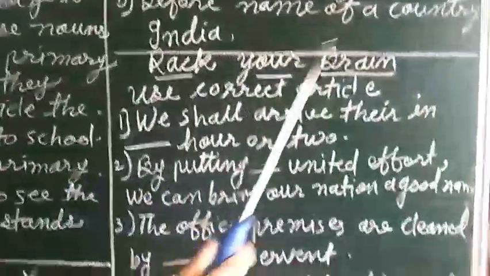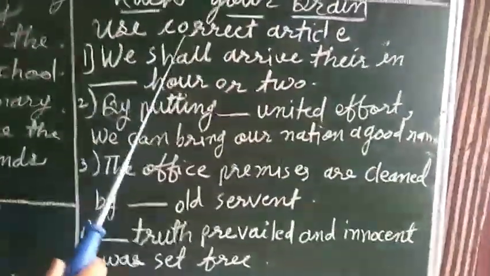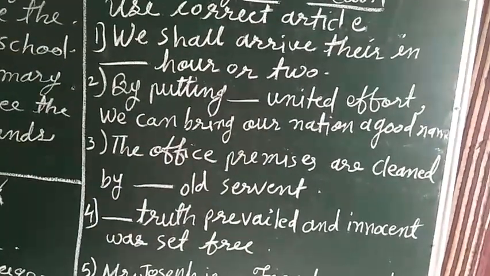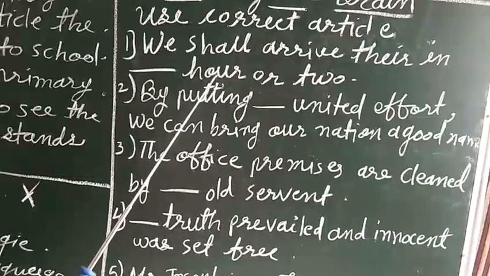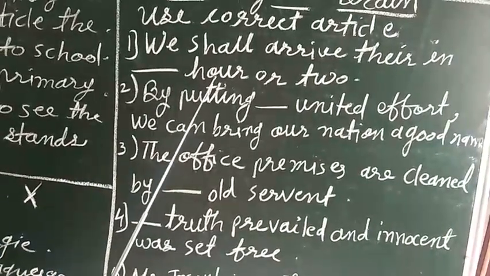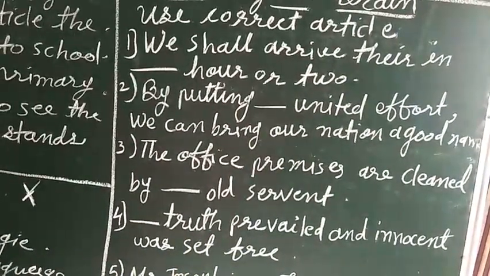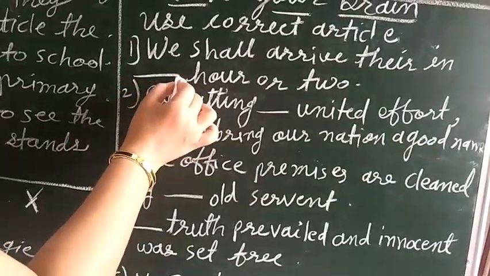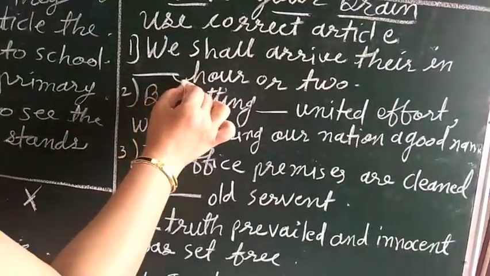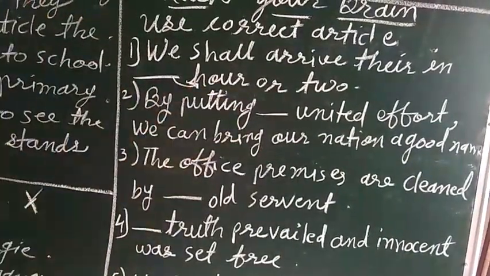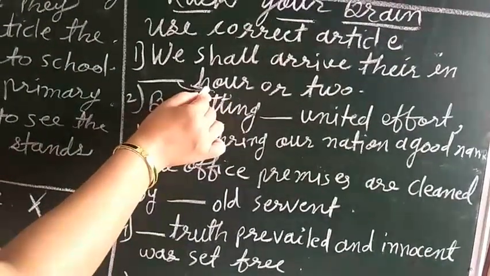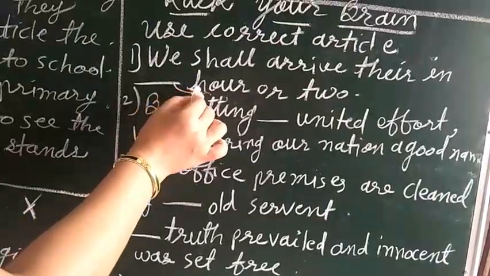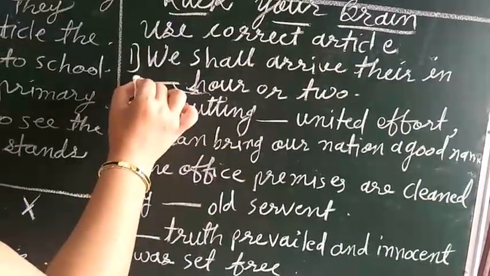Now, rack your brain. Use the correct article. We shall arrive there in fill in the blanks, "a" or "an". So we have to see the next word first. What is that? "Hour". But "h" is a silent letter, and for that we have to use "an".